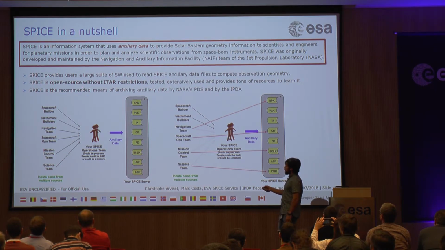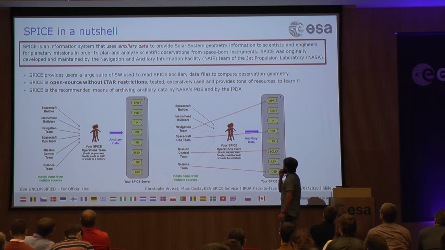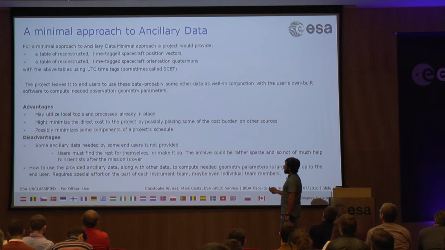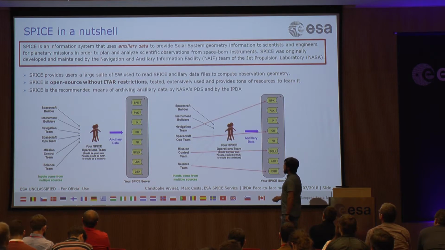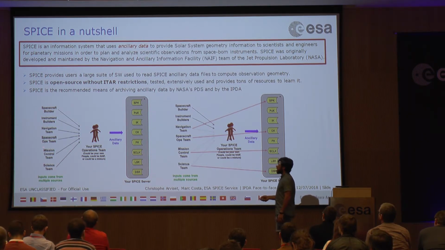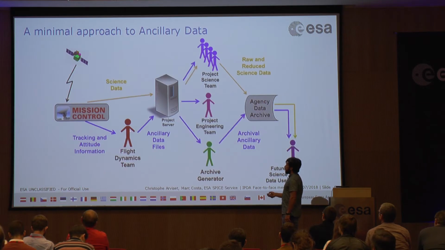It's also the recommended means of archiving ancillary data by NASA's Planetary Data System, PDS, and the IPDA as well, the International Planetary Data Alliance. So then you go from a system like this to something like this, in which you've got the different sources of ancillary data that you need to convert to SPICE format. But in this case, you don't have this many actors.